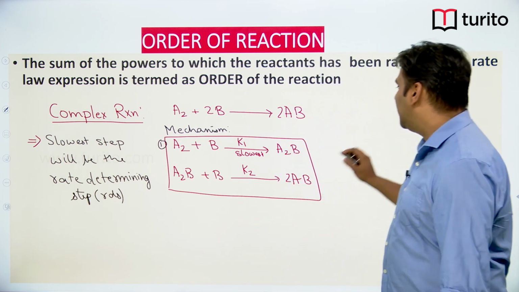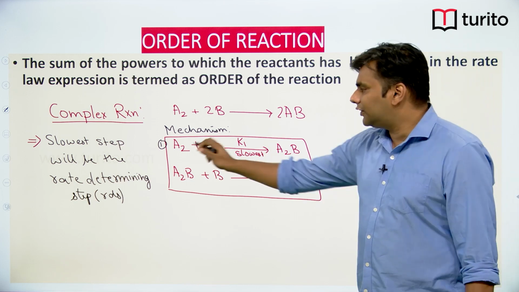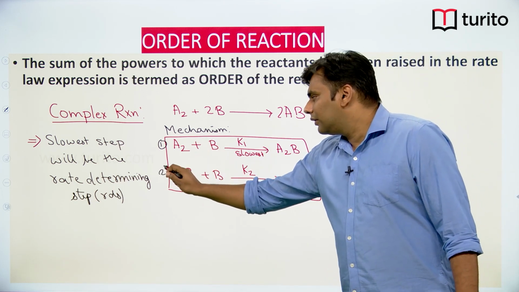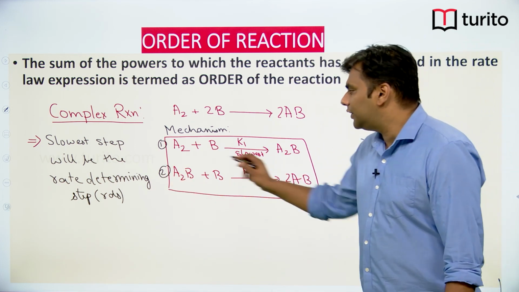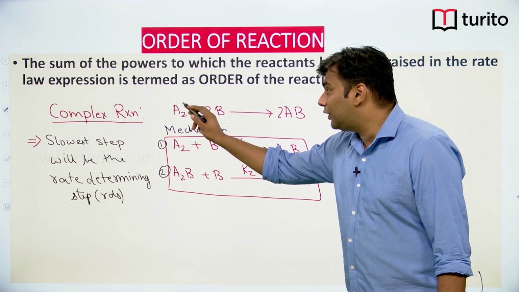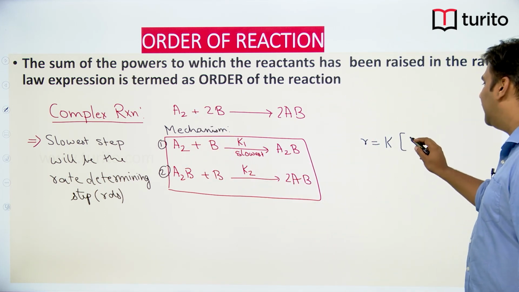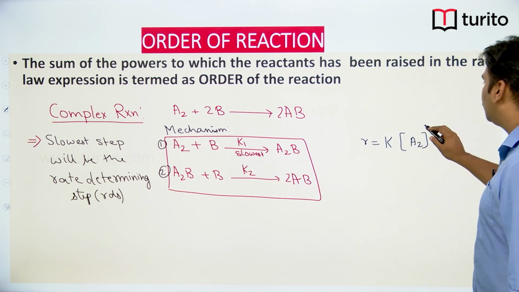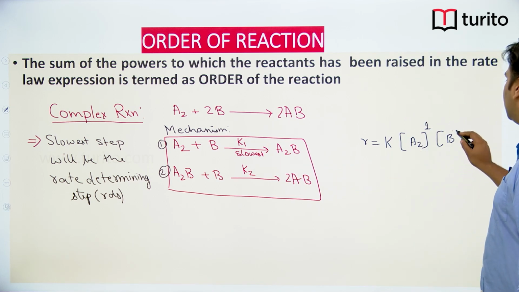Okay. So basically the rate of this reaction would become, now because 1 and 2 individually are elementary reactions, because they are happening in one step, and the rate of this reaction is dependent on this step, we'll directly say that rate is equal to concentration of A2 raised to power 1, because its stoichiometry is 1, into concentration of B raised to power 1.